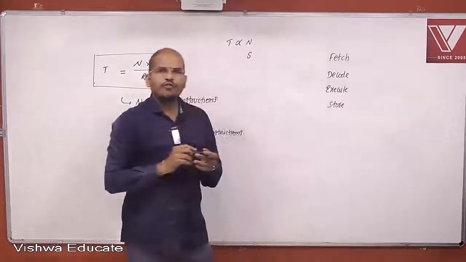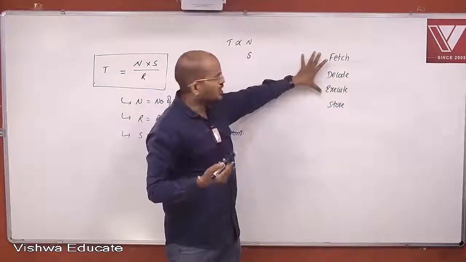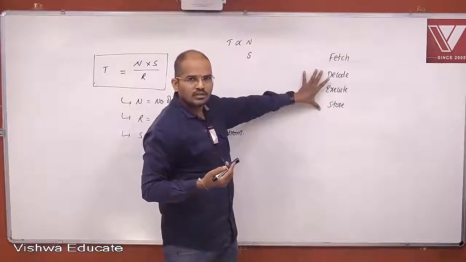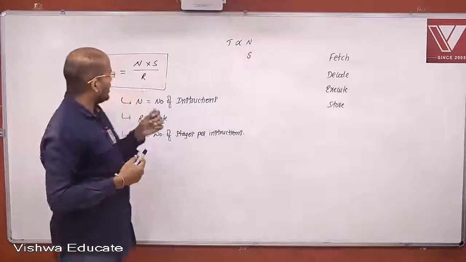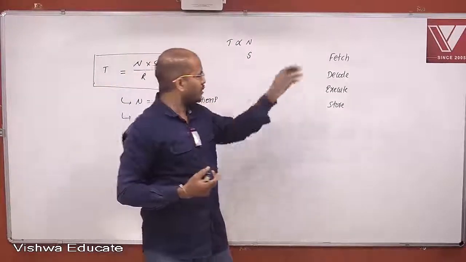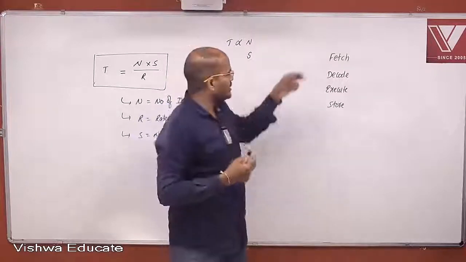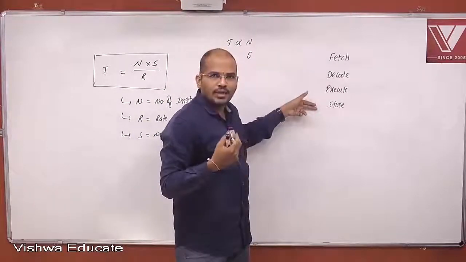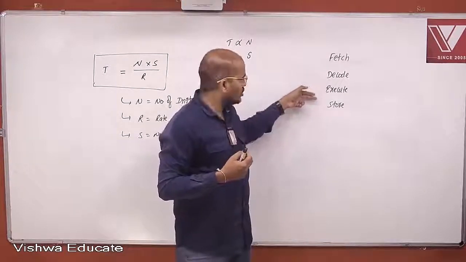In a few machines we speak about three stages, in a few machines four stages, so the number of stages depends. As the value of S is more, for example, if one instruction has 4 stages, 10 will have 40 stages. Each stage will have some time allocated: time to fetch, time to decode, time to execute, time to store.